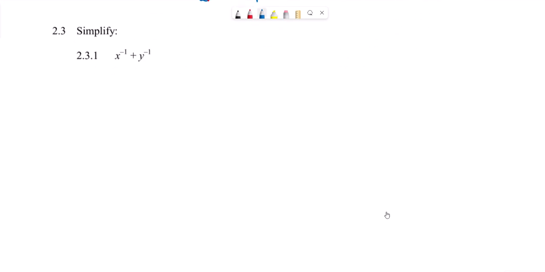Now remember, if a has exponent negative 1, then we can write this as a positive exponent. Then we can do the same thing here, 1 over x plus 1 over y.